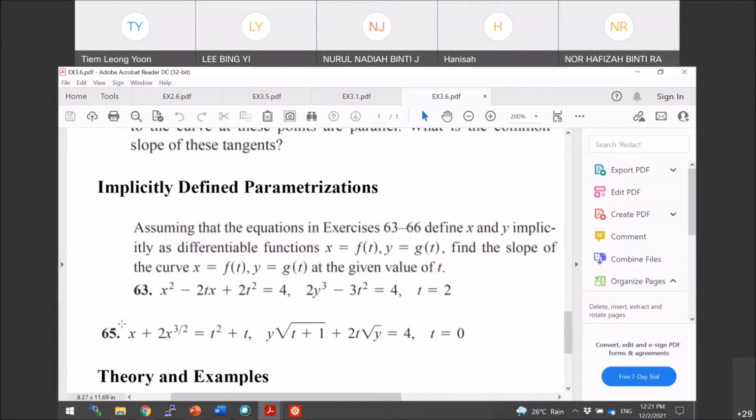We are looking at very complicated expressions. Our job is to find dy/dx at t equals 4, so as a function of t.